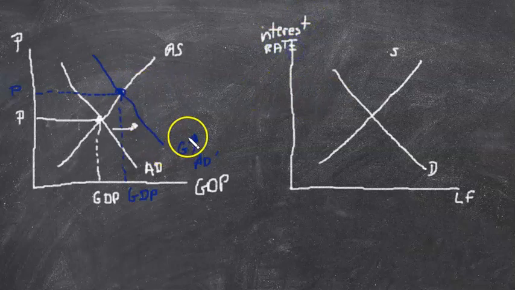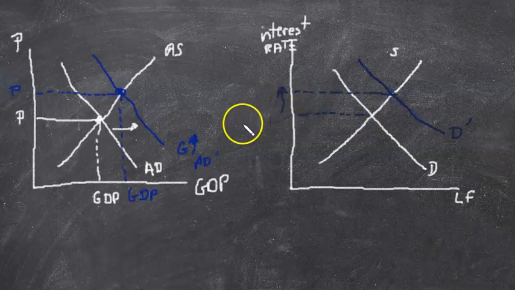So what happens? The government says we want to spend more money. We're over here on the left side. Well, to do that, we have to borrow money. So the demand of loanable funds, the demand of money in the banking system, goes up. I didn't choose a very good color here, so let me try this again. So the demand of money to borrow goes up. Okay, this is because the government increased their demand of money, and as a result, the interest rate rises.